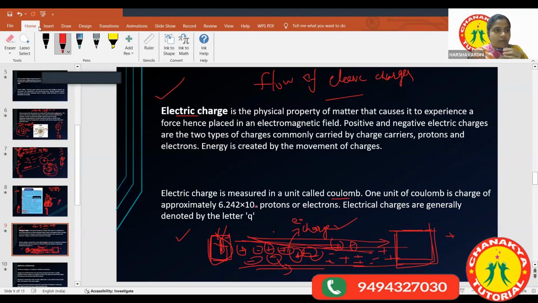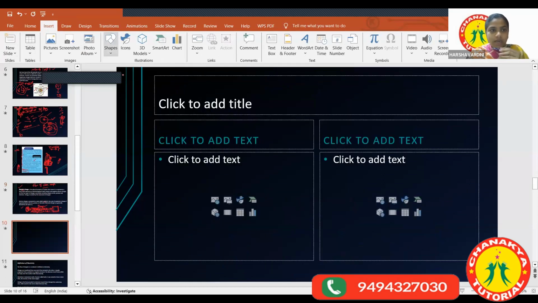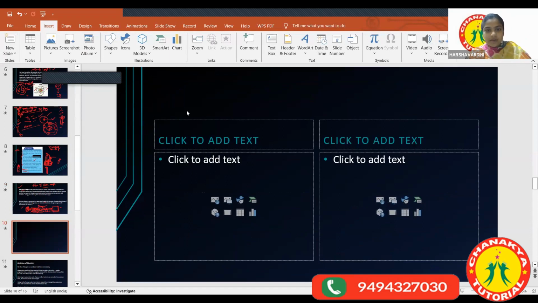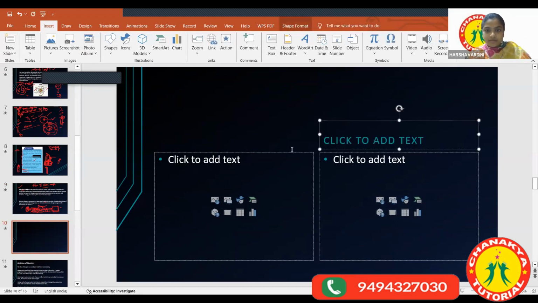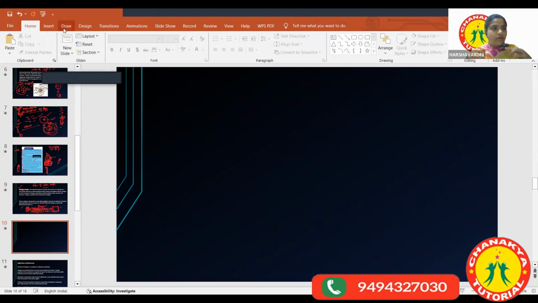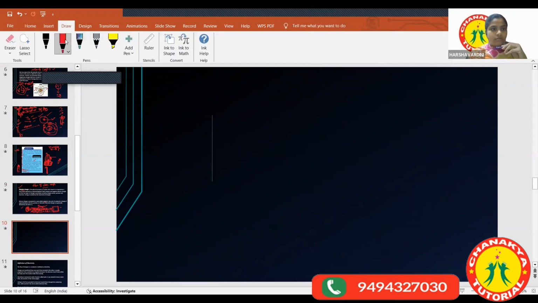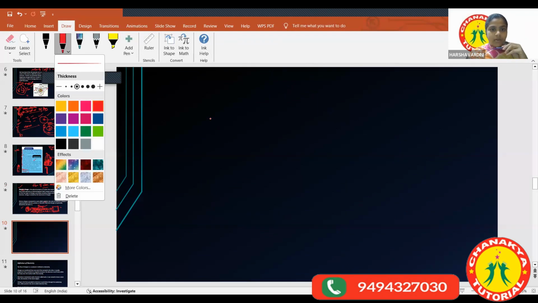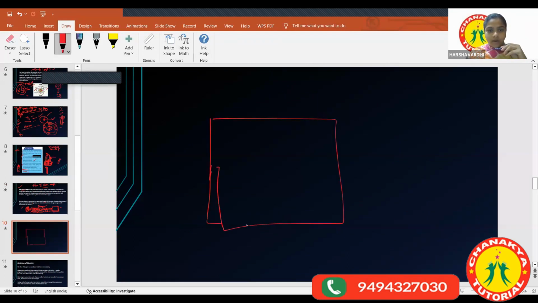For example, one more slide I'll include. Wait a minute. So there is a room, or atmosphere. Negative and positive charges are there without colliding with each other.